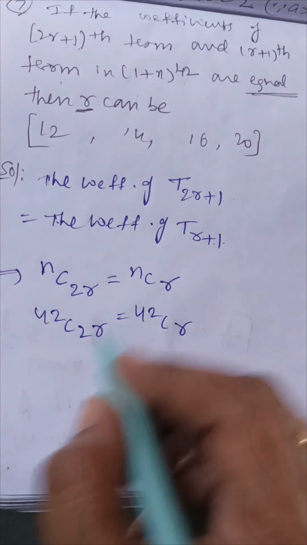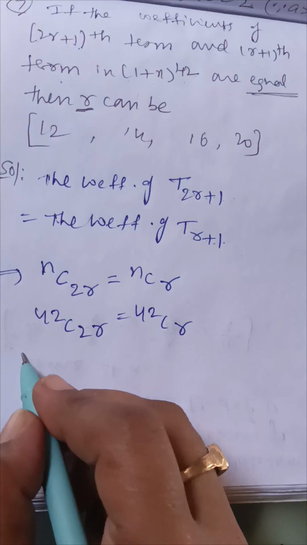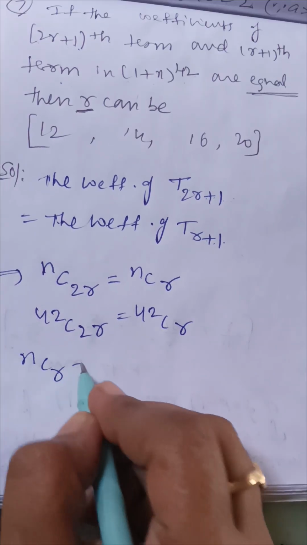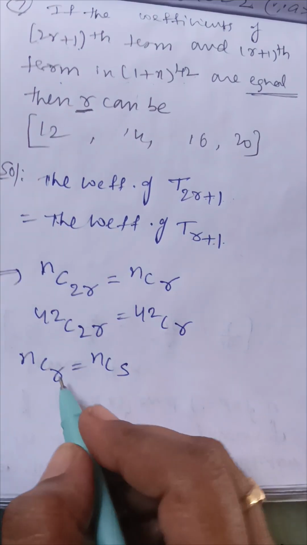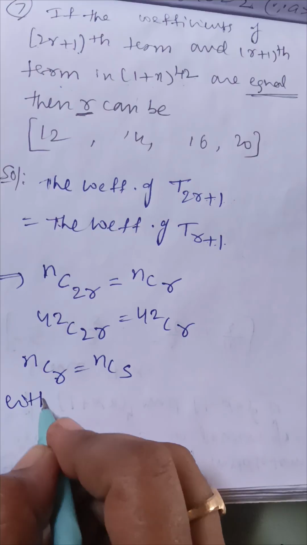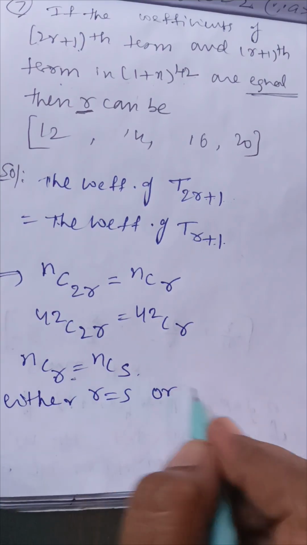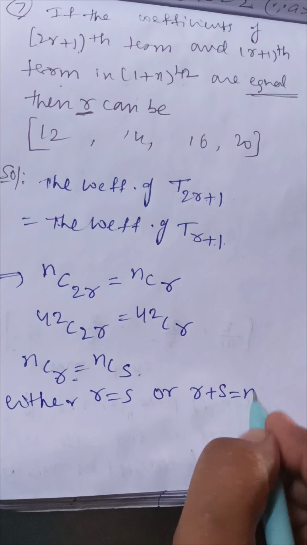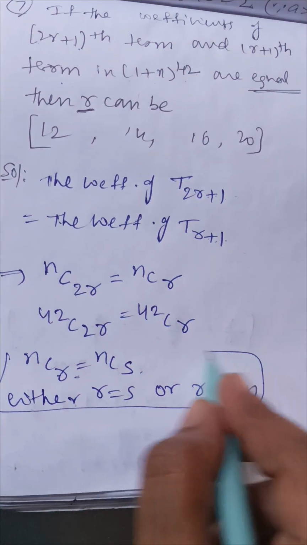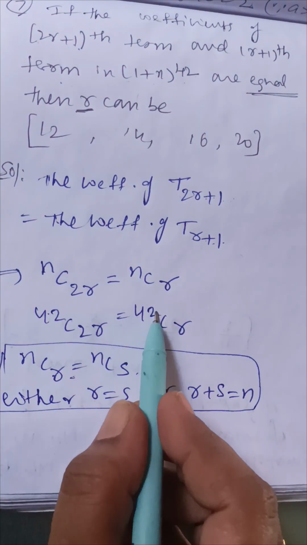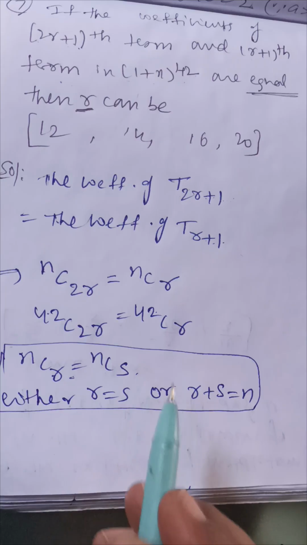We have one formula in combinations: if nCr equals nCs, then either r equals s or r plus s equals n. Here n is the same, so we can use this formula.